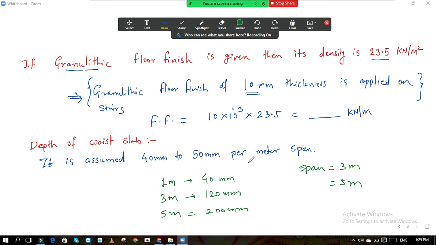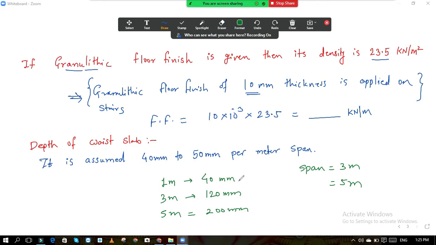Means for 1 meter, we can assume in between 40 mm to 50 mm. Here I have taken 40 mm. You can take 50 mm, you can take 45 mm also. But don't take in-between values like 41, 42, 47, 48. You should not take like that.